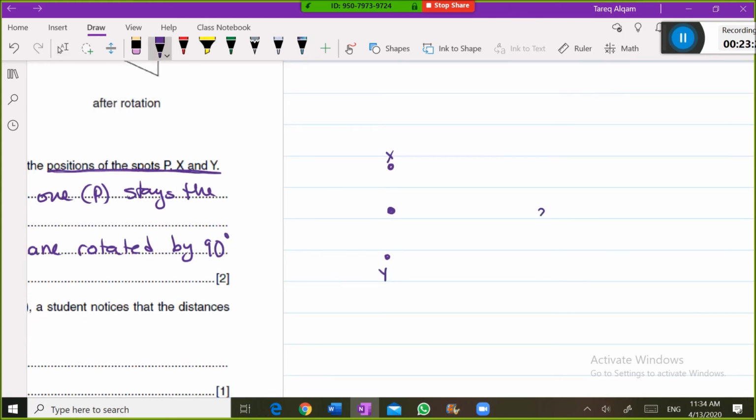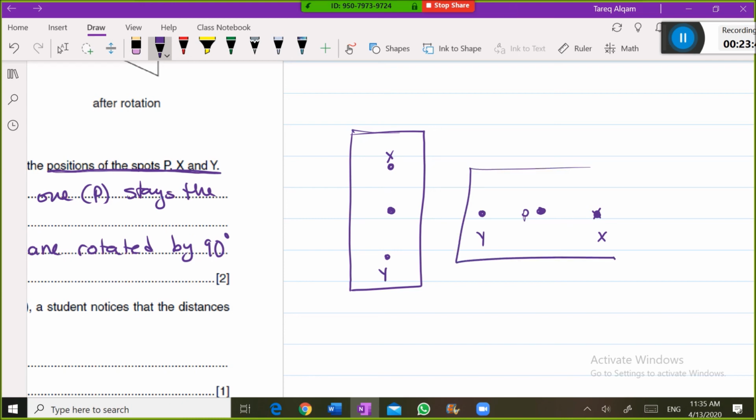P does not change. This is X. Let's say this is Y. Any question about that? It is the same screen, but they are rotated 90 degrees.